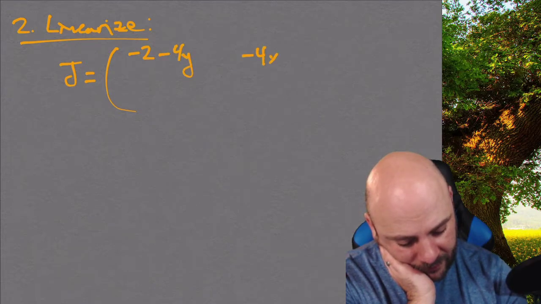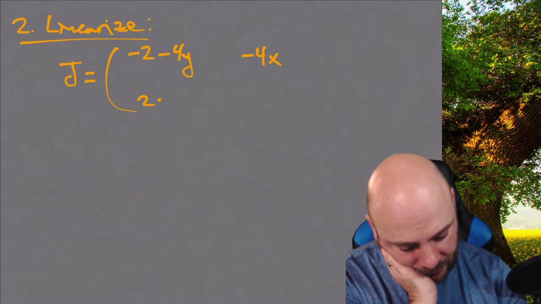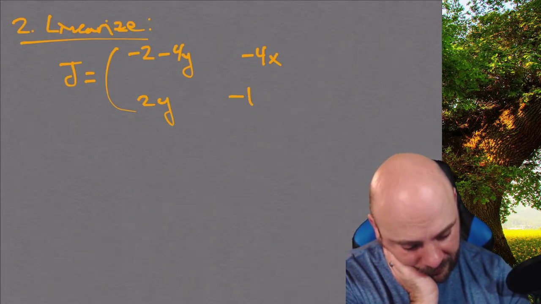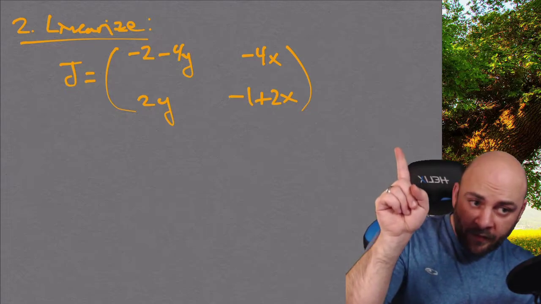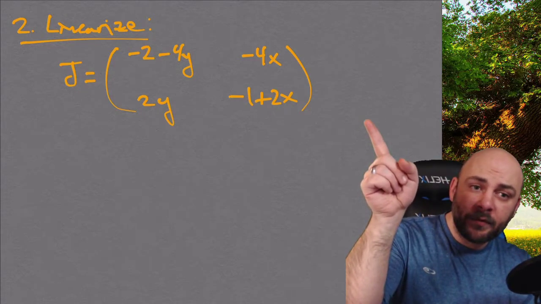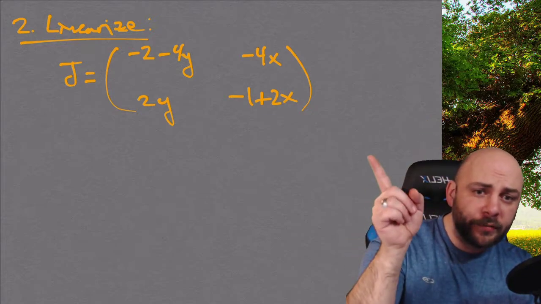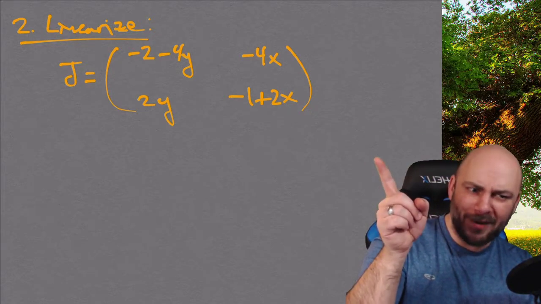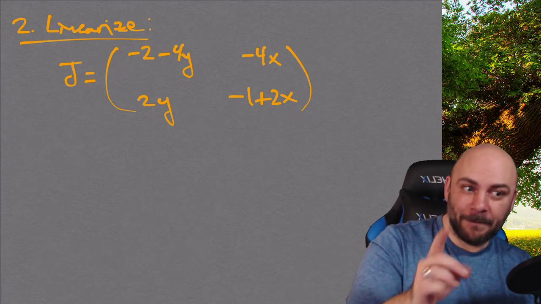Negative 4x. 2y. Negative 1 plus 2x. Make sure you understand that's the partial derivative of my x prime equation with respect to x, partial derivative of the x prime equation with respect to y, partial derivative of my y prime equation with respect to x, and the partial derivative of y prime with respect to y.